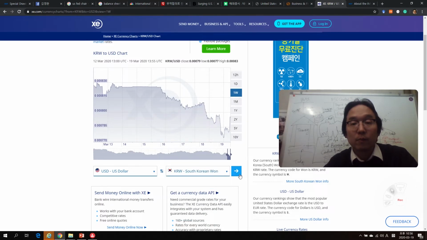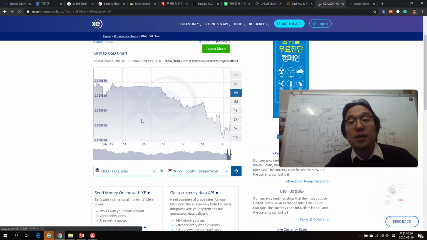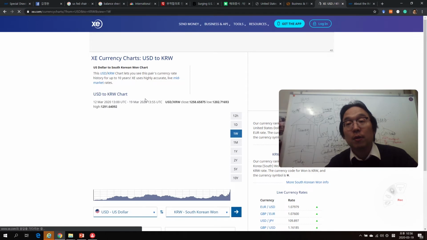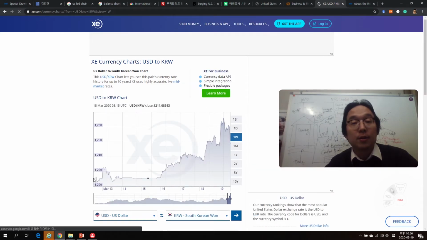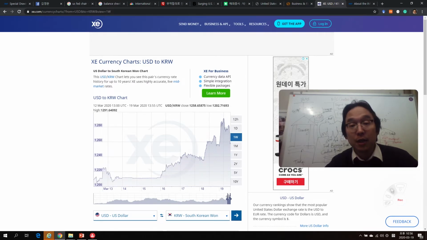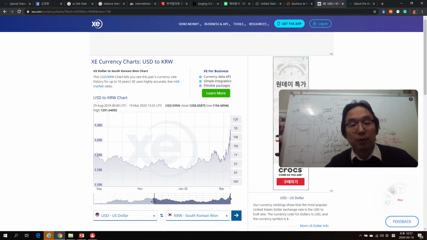And you can see that the value of the Korean won is going down just like other currencies. Here in the Korean won to US dollars, you flip it, and you see the US dollar price has been increasing like crazy these days due to the coronavirus crisis.